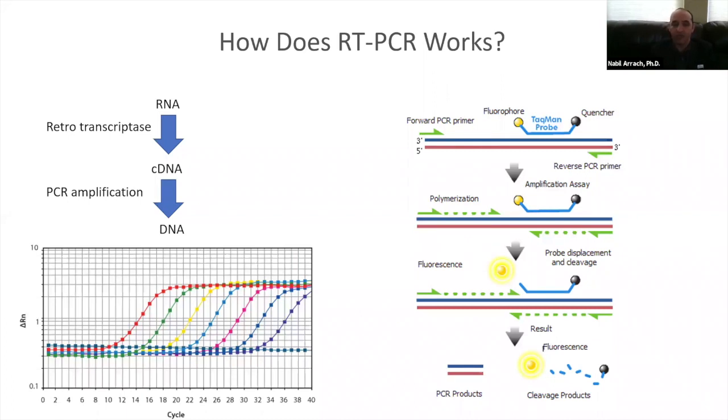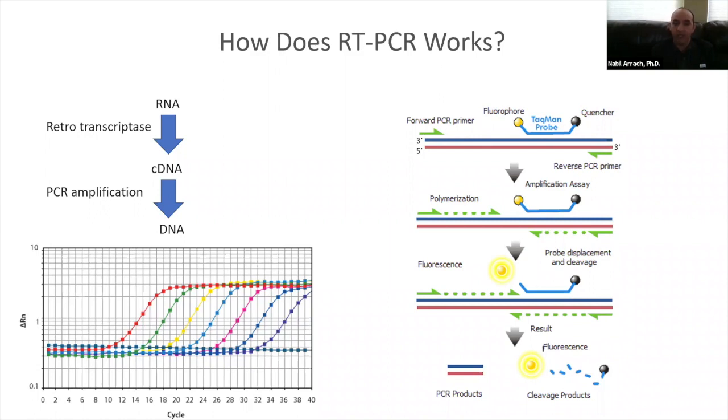So that's how we quantify RNA in a sample, by looking at the CT cycles. A low CT means you have a lot of RNA in the sample and therefore a high viral load. If you have a very high CT, that means you have very little RNA and therefore a small viral load in the sample.